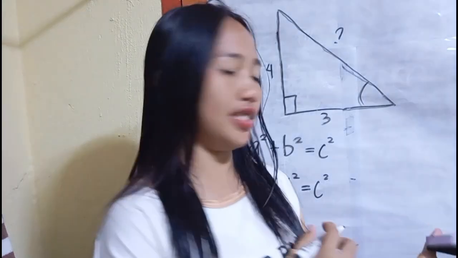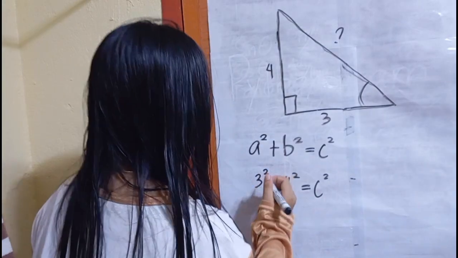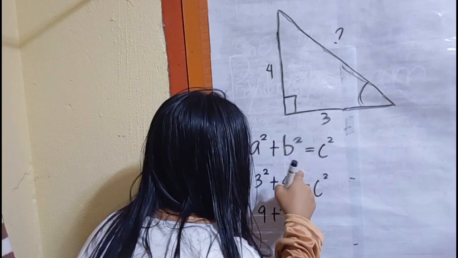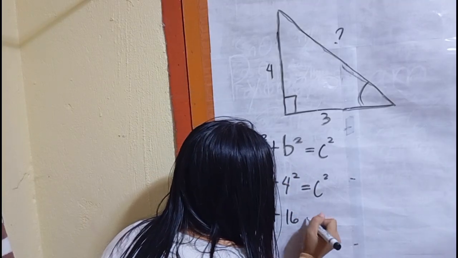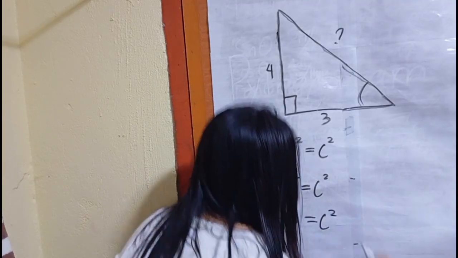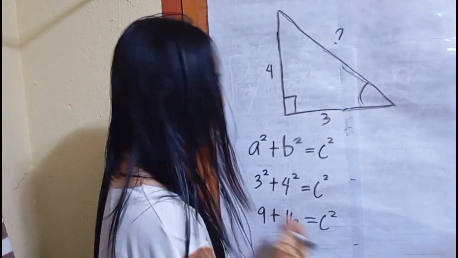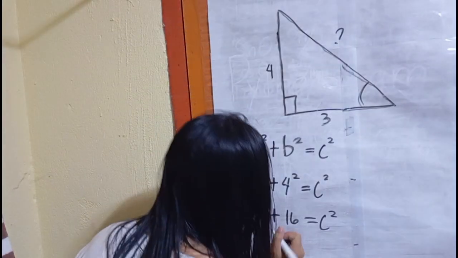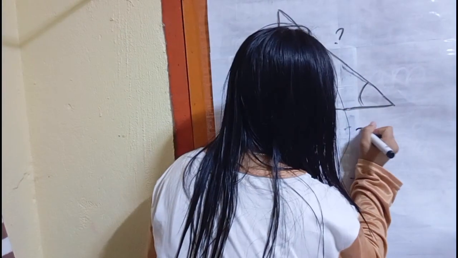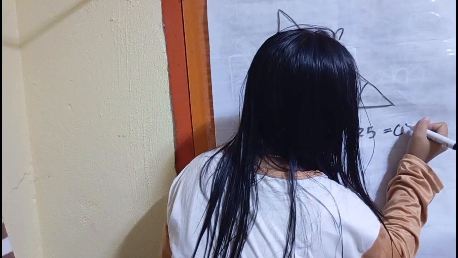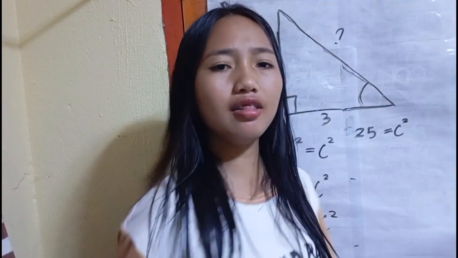Let's calculate the squares. 3 squared, 3 times 3, is 9, plus 4 squared is 16, is equal to c squared. In order to get the answer, let's add the two. So 9 plus 16 is 25. 25 is equal to c squared.